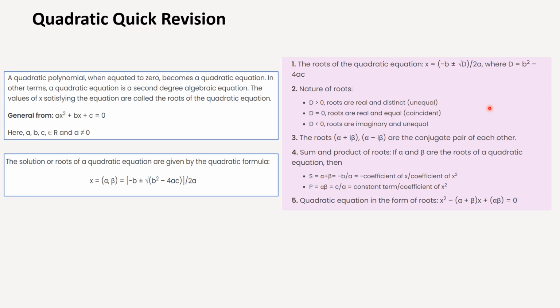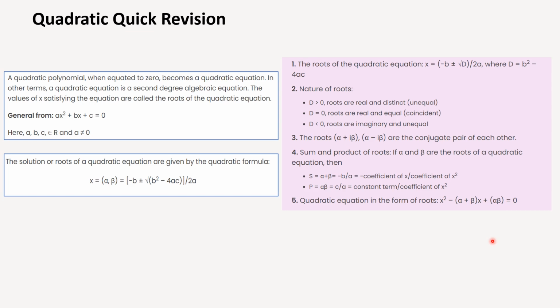If b² - 4ac, or D, is equal to 0, the roots are real and equal, so both roots are the same. The third category is when D is negative, less than 0. It means there are no real roots. This part you can ignore because it involves complex numbers.